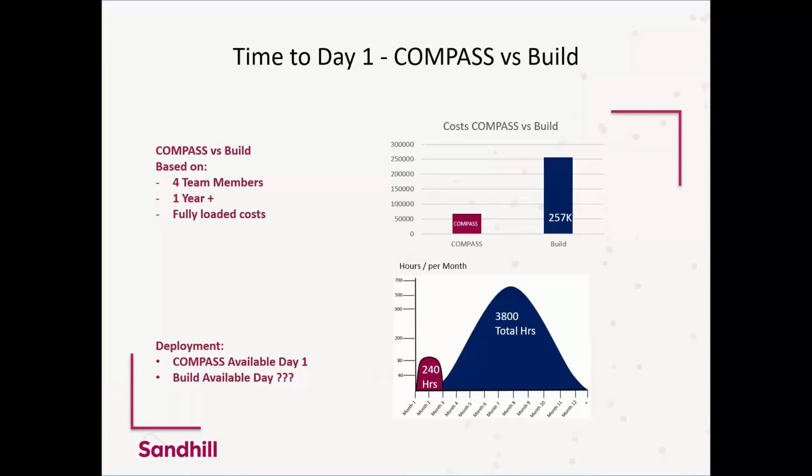$260,000 to build this up, and 4 or more team members to set all of this up. What Compass is trying to do is bring that forward. Because there are already templates, processes, and a suggested set of steps that you can follow, the actual time taken to implement this and start gaining returns on your investment is smaller and earlier within the life cycle of setting up your practice.